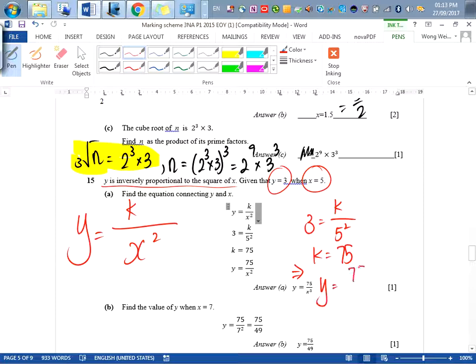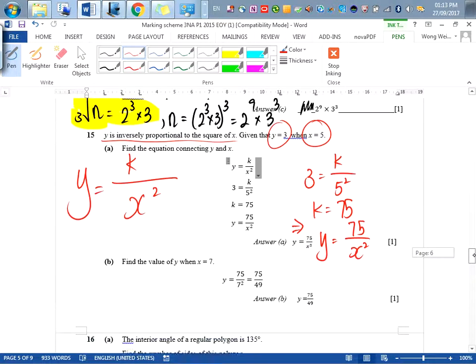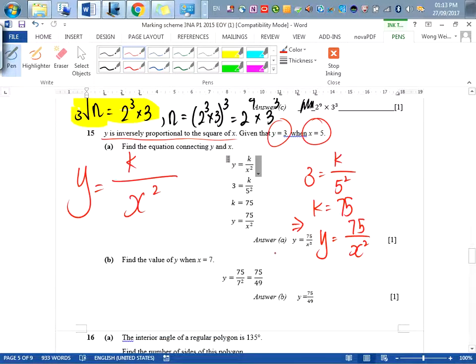Y equals to 75 over x squared. Okay? So now, since we know that k is equal to 75, what is y when x is equal to 7? Substitute. Y equals to 75 over 7 squared. You get 75 over 49.